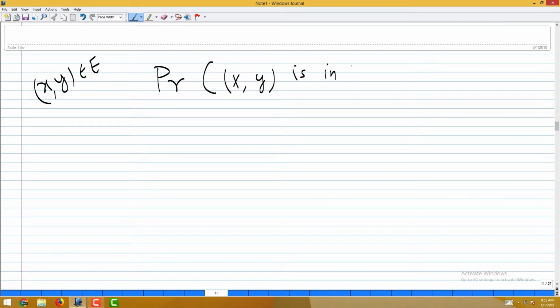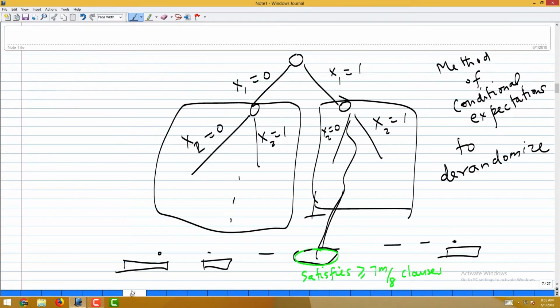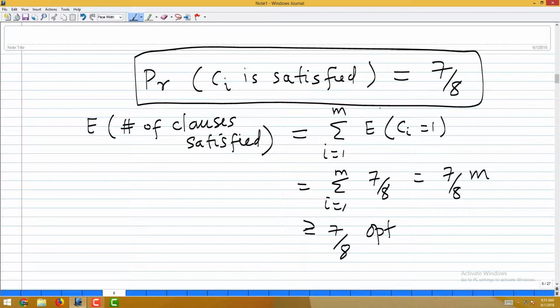So, the expected number of edges in the cut S S bar is the number of edges by 2, by linearity of expectation, exactly the way we did it. Expected value that Ci equal to 1, run it over all edges, and each one of these is half.